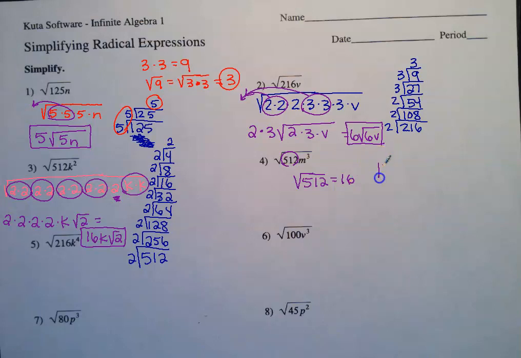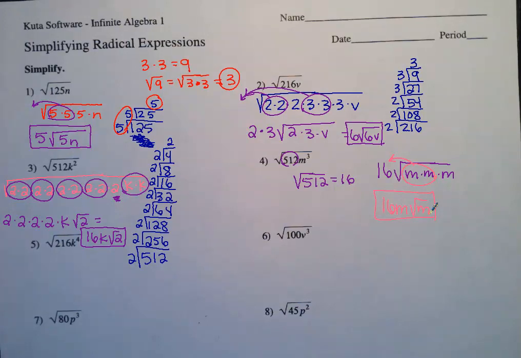So I'm going to go ahead and write 16 times the square root of m times m times m, because that's m cubed. Since I have a pair, or 2 m's, I can pull an m out. So this one is going to be 16m times the square root of m, is its simplified radical.